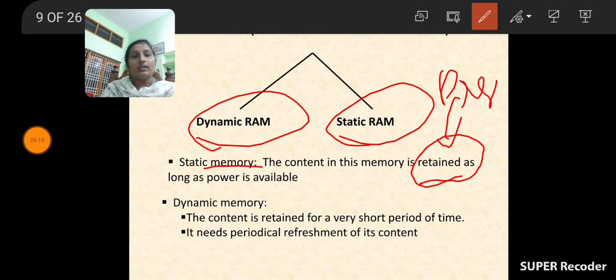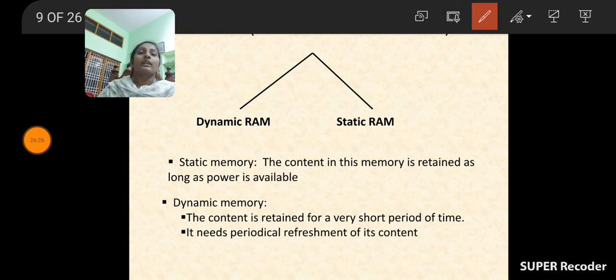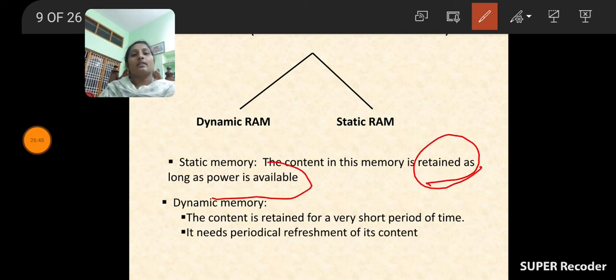They may not be deleted or erased. So that is said in one word, retention. What is meant by retention? Even though the power supply is switched off, the data remains in the memory. That memory is called what? Static memory. The contents in this memory are retained as long as the power is available.